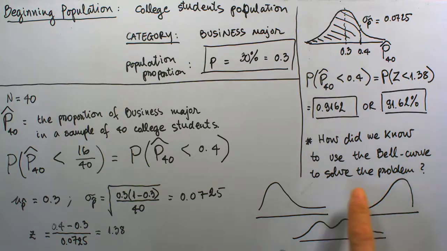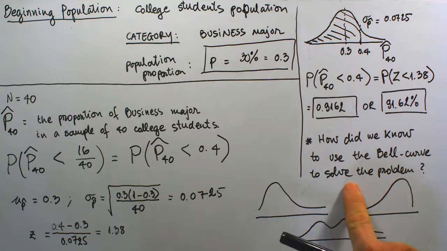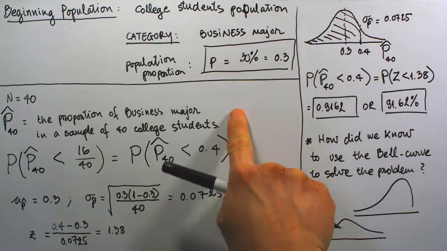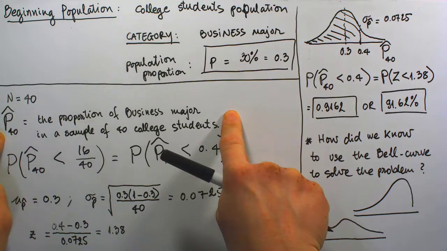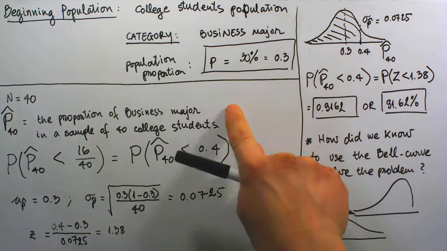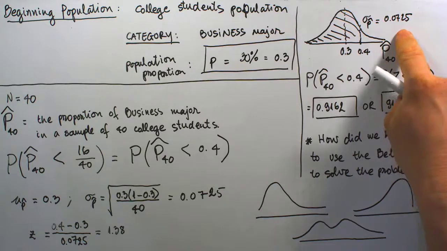So that's why, how did we know in the beginning, before we get into the calculation here? The critical logical understanding here is: how did we know that our distribution shape for this population of sample proportions can be placed on a bell curve, or how did we verify that this was normally distributed data?